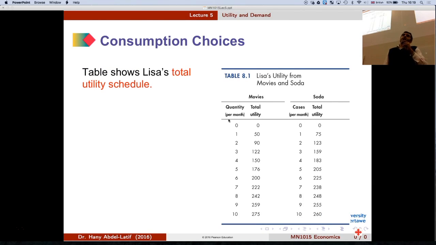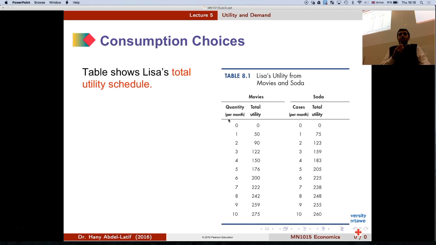So in this example now, we assume that we can measure the total utility from consuming these 2 goods. So we have the same example with Lisa, and what we're looking at here is the total utility. So if she consumed nothing, no movies, no soda, then the total utility, 0 for movies, 0 for soda.